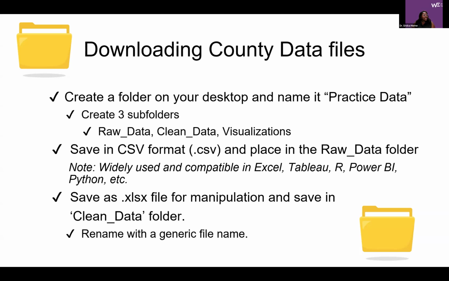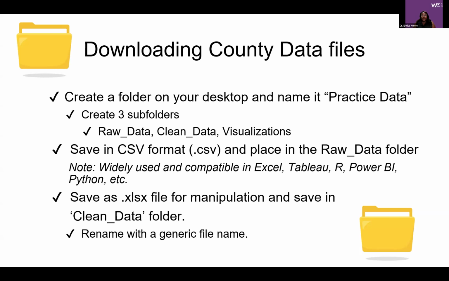So once your Excel is open, you're going to hit your file button, go to save as, like you normally would save the file. And for file type, it should say CSV. And you're going to navigate to the folder that you created on your desktop that says raw data.